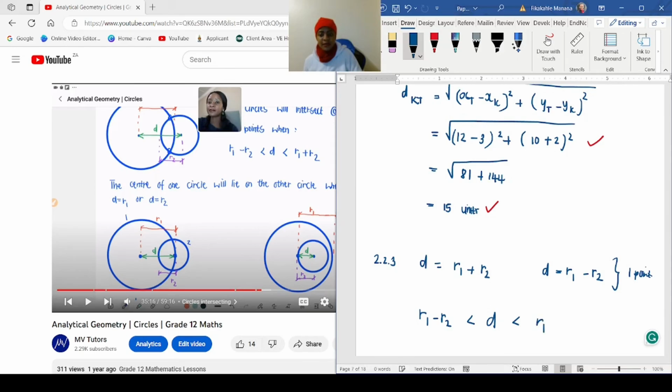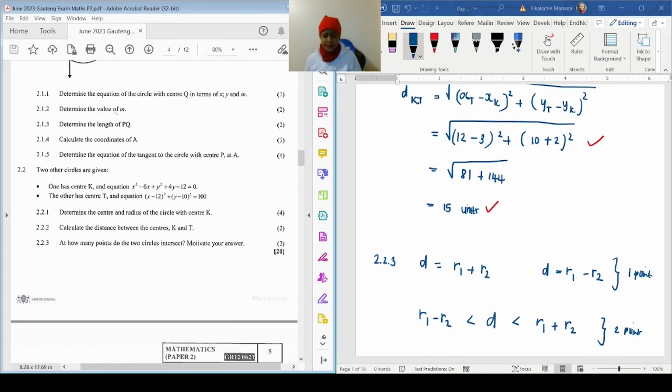So if it supports this statement, then it touches at 2 points. All right, so let's get back to that question. The radius of K and radius of T.